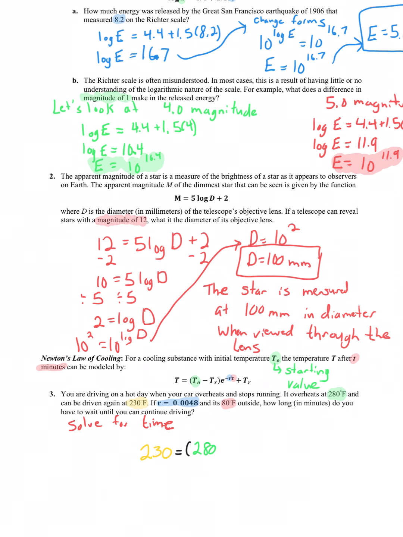And we know T sub R, the temperature outside, is 80 degrees. Then we say times e to the negative 0.0048 times t, plus 80. And then we'd have to algebraically solve for this entire problem.